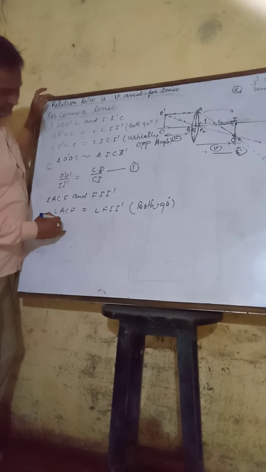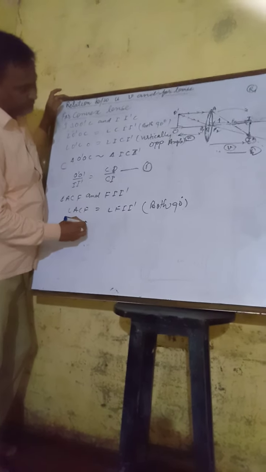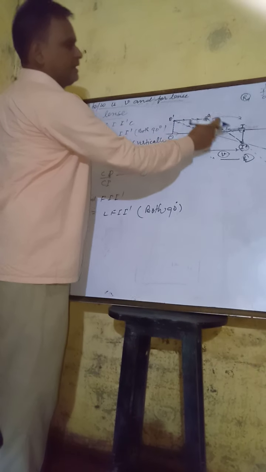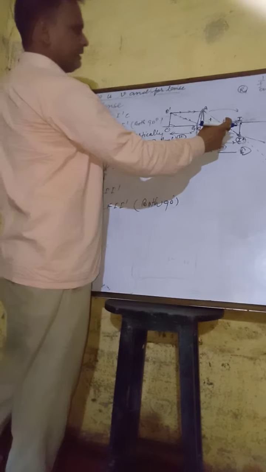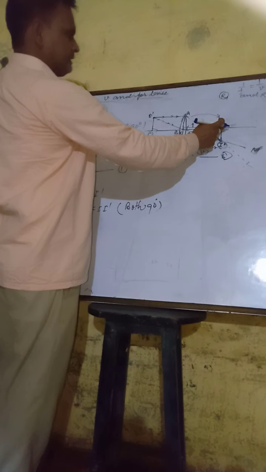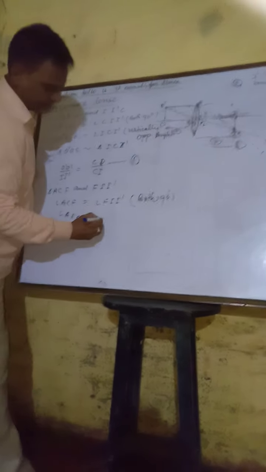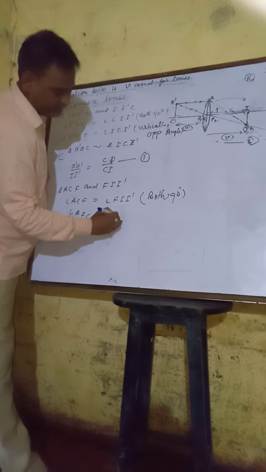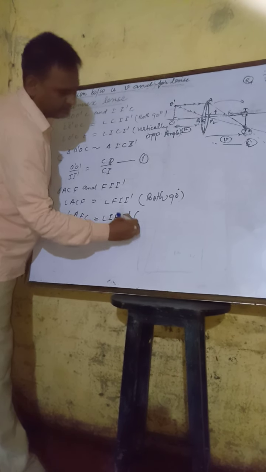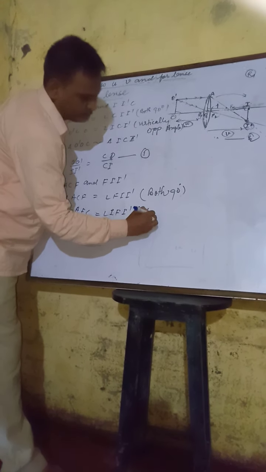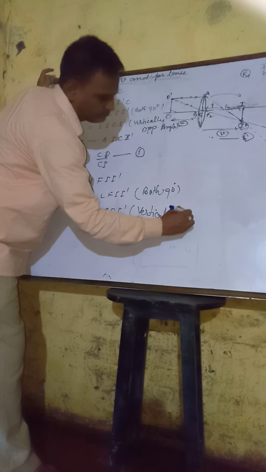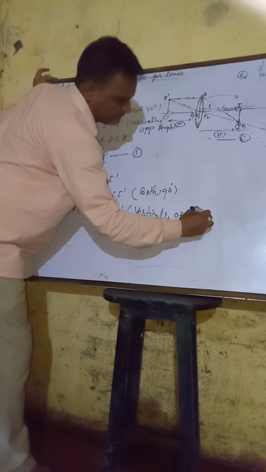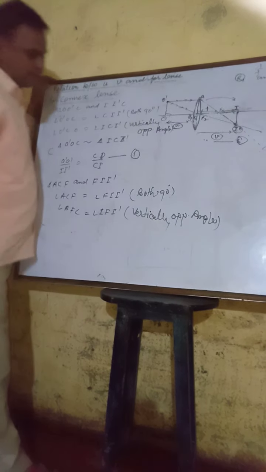Again, angle AFC is equal to angle IFI dash, because these are also vertically opposite angles.